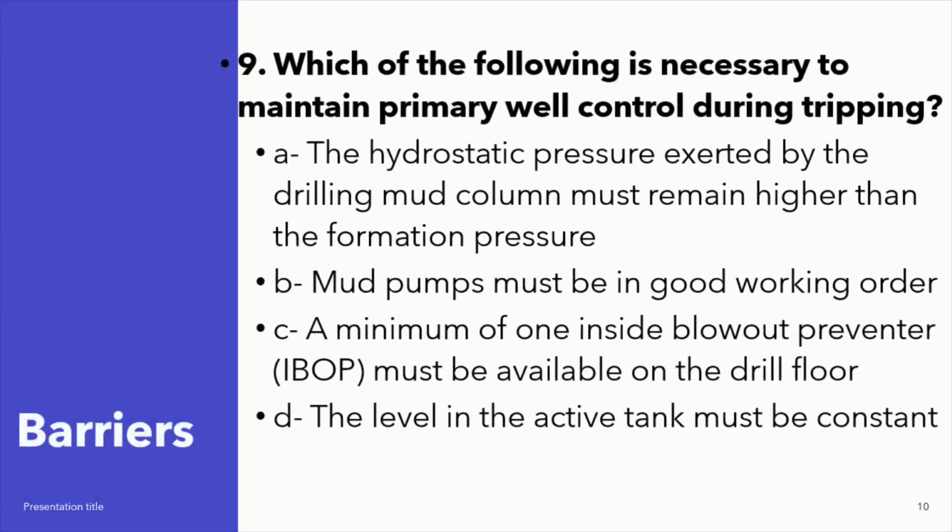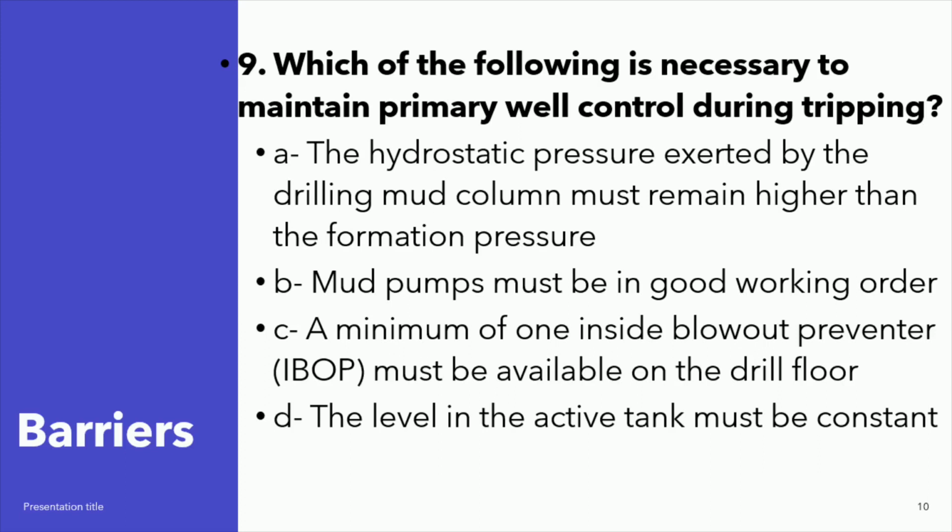9. Which of the following is necessary to maintain primary well control during tripping? A. The hydrostatic pressure exerted by the drilling mud column must remain higher than the formation pressure. B. Mud pumps must be in good working order. C. A minimum of one inside blowout preventer, IBOP, must be available on the drill floor. D. The level in the active tank must be constant.